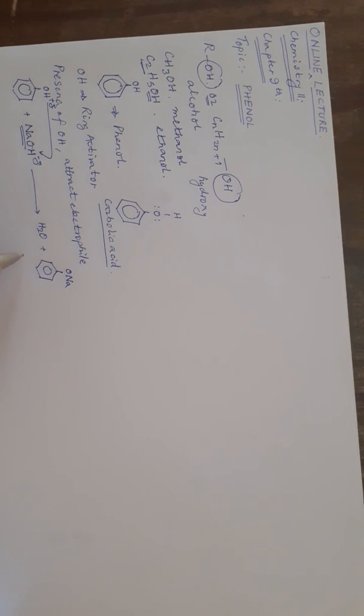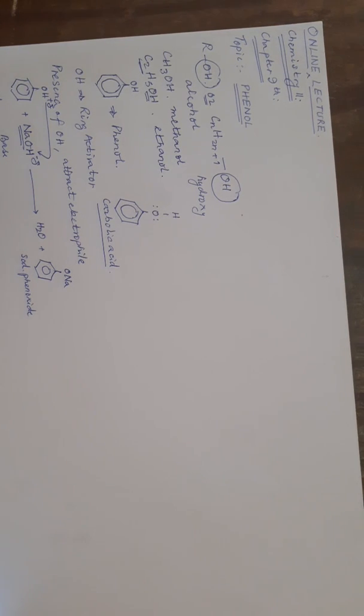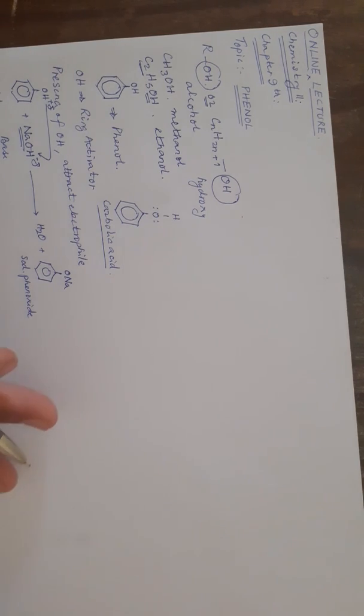This is called sodium phenoxide. Now you can see this is an acid, this is a base. It forms salt and water. So the acidity of phenol makes it more reactive as compared to benzene.